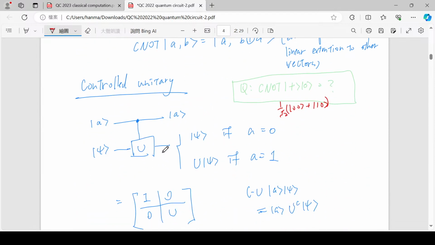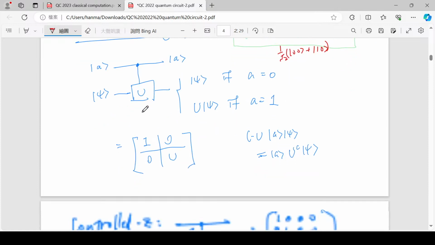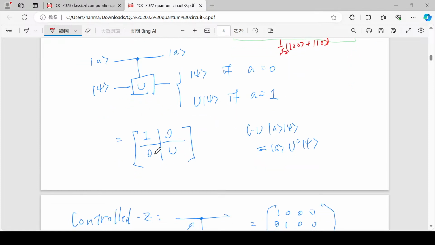And then we have a bit of generalization of CNOT. So this is the controlled unitary, and yeah, so you see they are very similar to CNOT. It is identity when the control qubit is 0, and you apply a unitary on the second qubit when your control qubit is 1. And it's written this way. So you have this solid dot and a straight line as a control, and then you just write whatever unitary you want to apply here in this block.